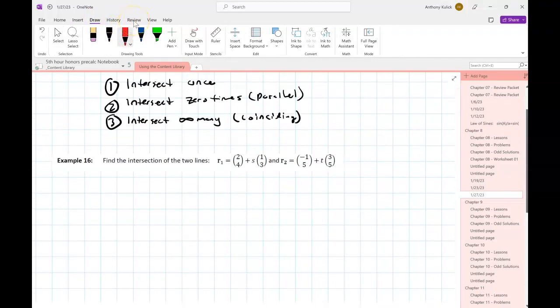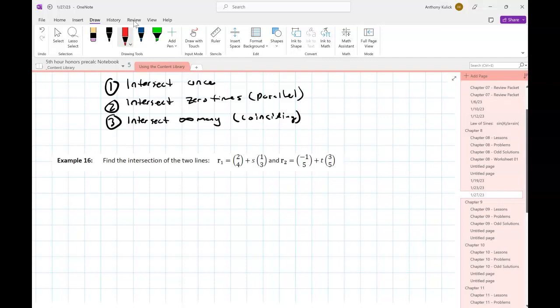So the obvious route would be to do what? Braden? Sure. Okay.